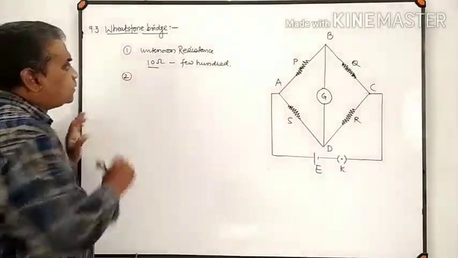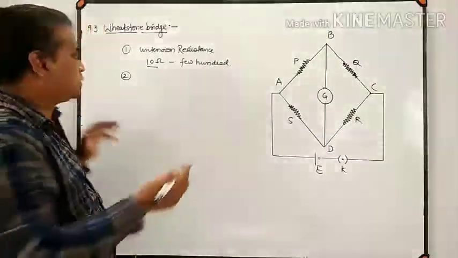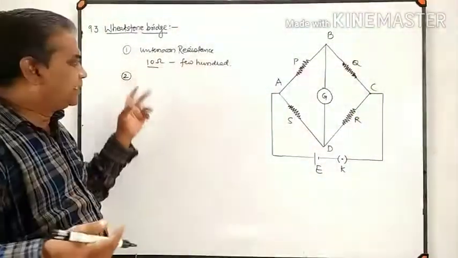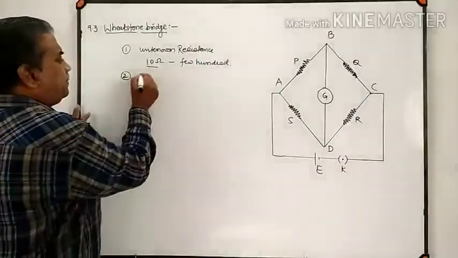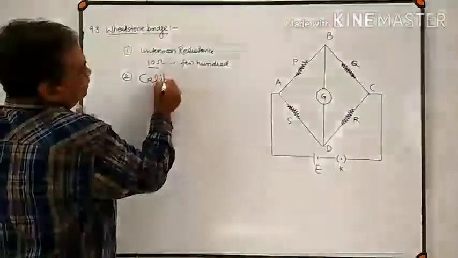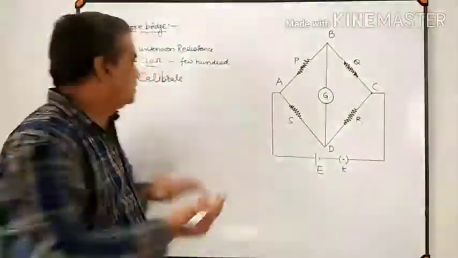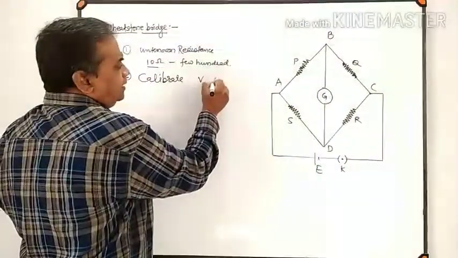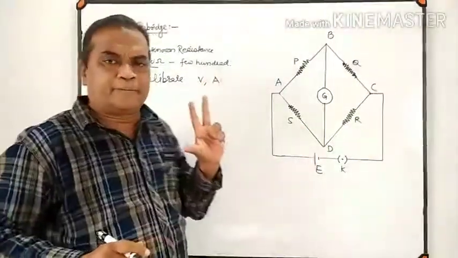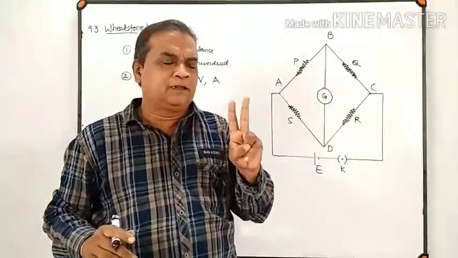Second, Wheatstone's bridge is also used to calibrate measuring instruments such as a voltmeter or an ammeter. So there are 2 points.